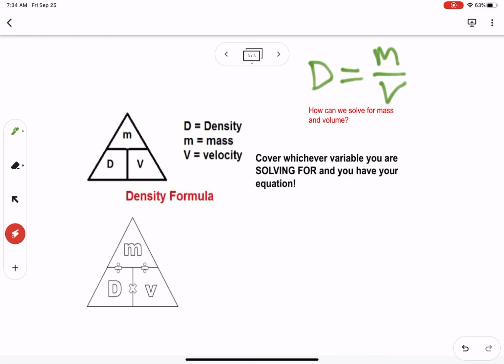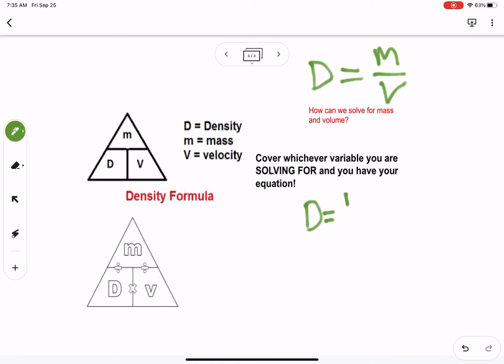So if this is my equation, let's say I wanted to solve for volume, okay? I want to get volume alone on one side of the equation. Right now volume is in the denominator. So let me rewrite this down here.